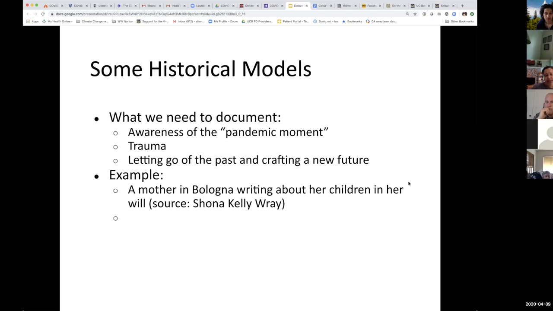Okay, so some historical models. Again, what I want to emphasize, just to repeat, is that this is global. We're all in this together. It's literally the whole world. We are reckoning with our common humanity.